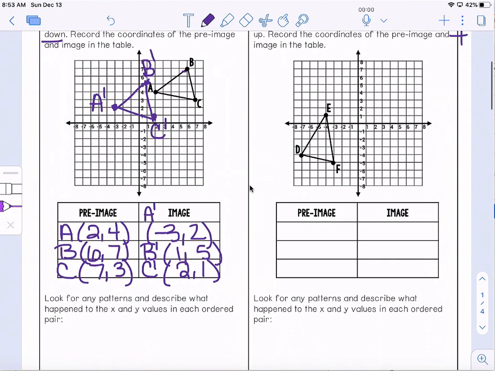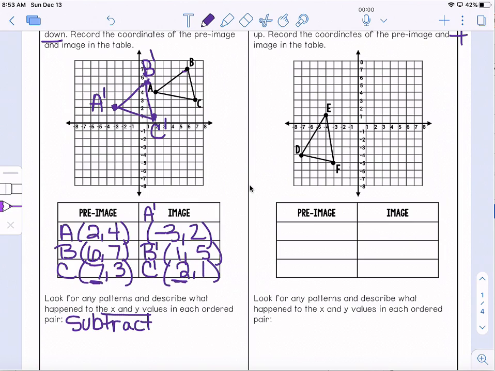That's the new figure. If we look for any patterns and describe what happened to the x and y values in each ordered pair, well, C was at 7 and C prime is at 2, and since we went 5 units left, we just subtracted 5 from the x values.